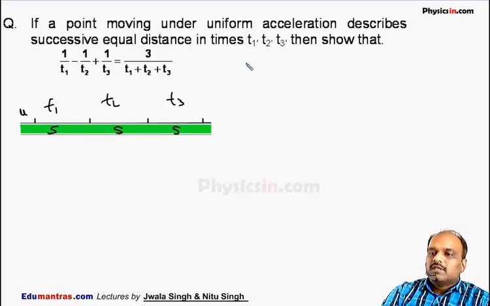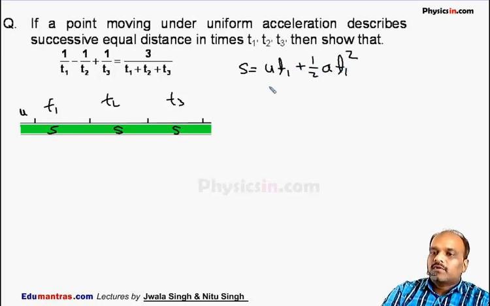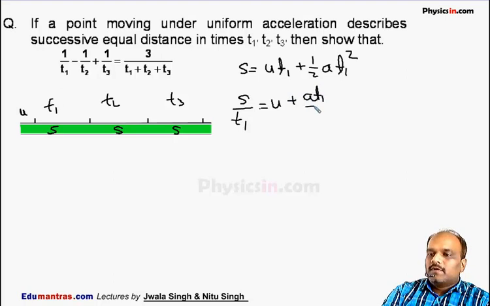So I can say s is equal to u into t1 plus half a into t1 square. So from here s by t1 is equal to u plus a t1 by 2. This is the first expression.